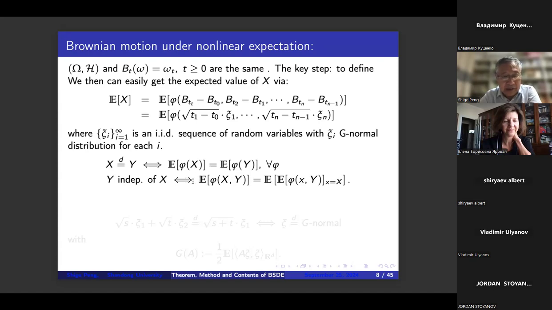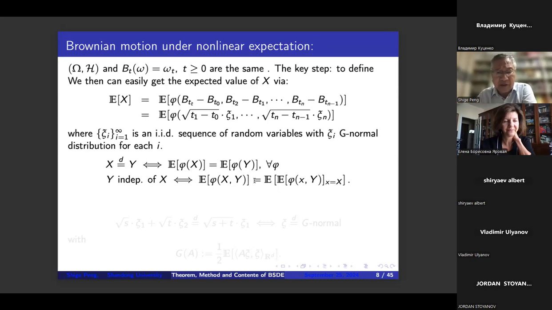The second is independence. Y is independent of X means that the calculation of phi of (X, Y) is done by first fixing X and calculating the expectation of phi of (x, Y), then putting this x to be the random variable X and taking the expectation again.